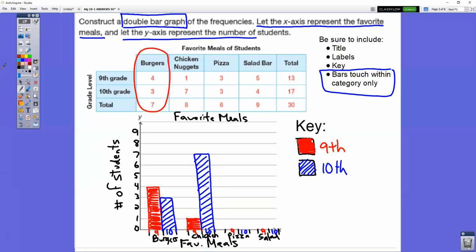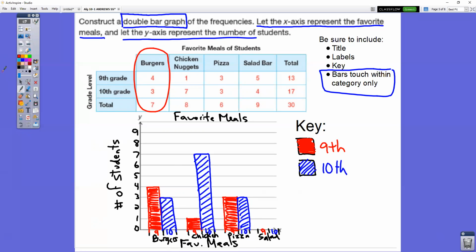For pizza, 9th graders, where there were 3 of them, so I'm going to go up to 3 with my bar. And 10th graders, there were 3 of them. And in a perfect world, these bars would be the same width. It's just sort of hard for me to fit everything in there.